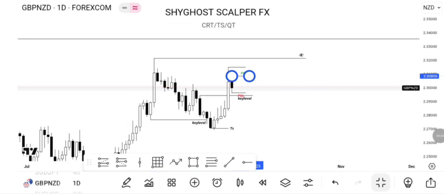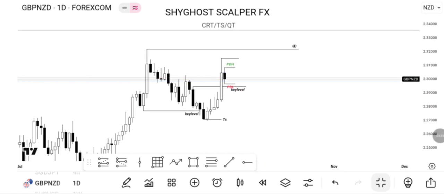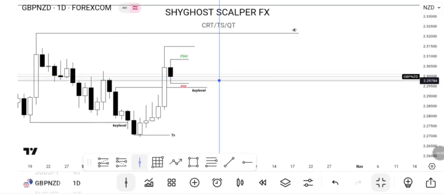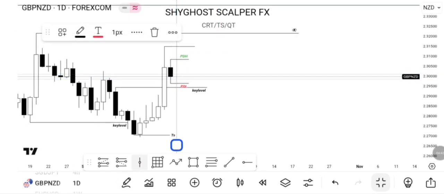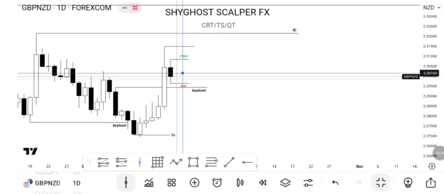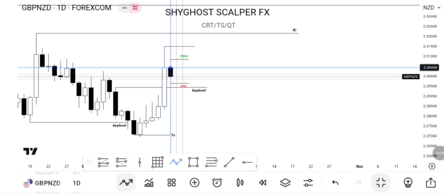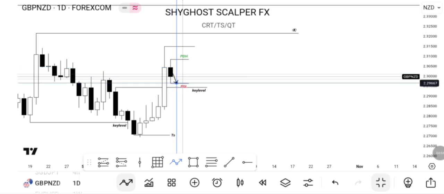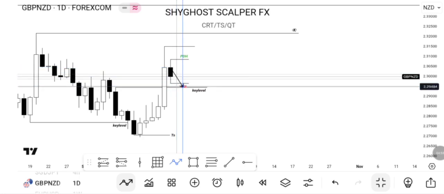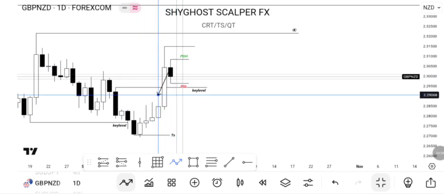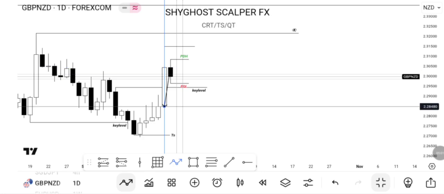So my anticipation here, we're going to do exactly the same thing as we do. We're going to put our gain box on Monday, Tuesday, right? So the anticipation here is to look for shorts up until we take out this previous day low and test this key level area, this key level plus this FVG.